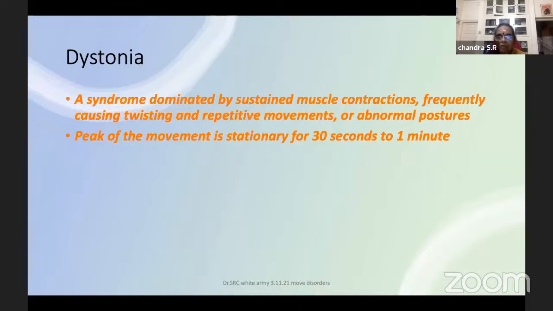If it lasts for more than 1 minute, we call it a dystonic posture. When a dystonic posture comes, patients go into contractures. Dystonic posture is likely to lead to degenerative changes and ankylosis of the joints across which the twisting is taking place.